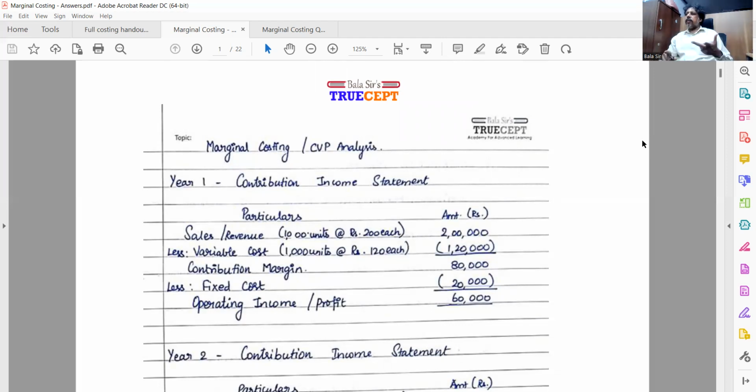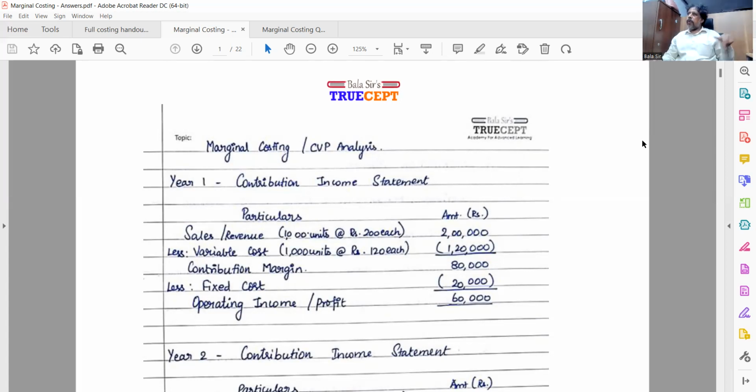And then less variable cost, again what? X quantity into 120. So what will be the contribution? It will be X into 80 per unit. See, 1,000 into 80 is only 80,000. By now you should know that the contribution amount is nothing but the quantity sold into contribution per unit. But here we don't know the units.